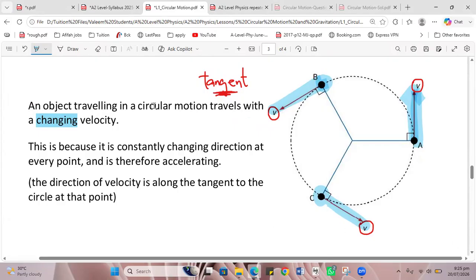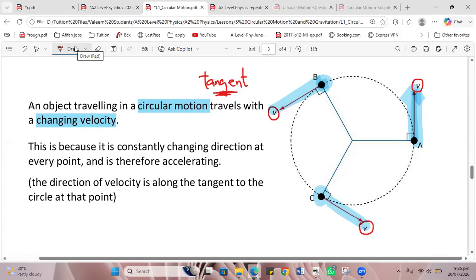This means that in circular motion, linear velocity is always changing. Because velocity is a vector quantity, meaning it has both magnitude and direction. So even if the magnitude is same, the direction isn't, right? It's changing at every point, as you can see in the diagram.